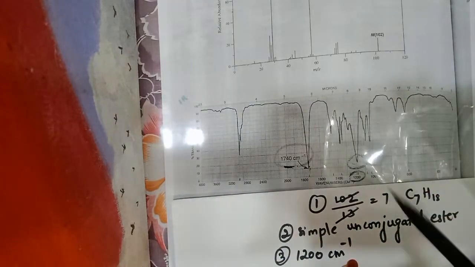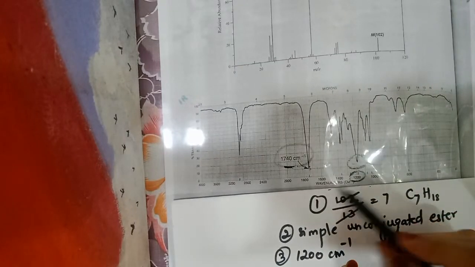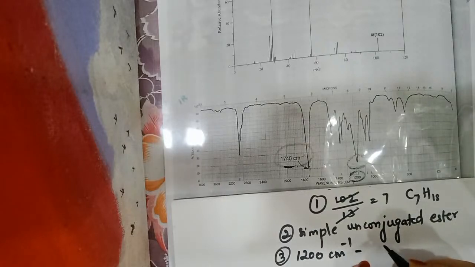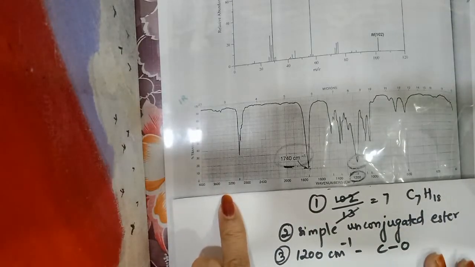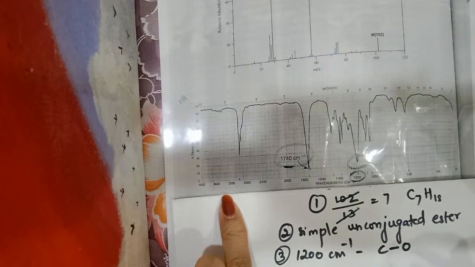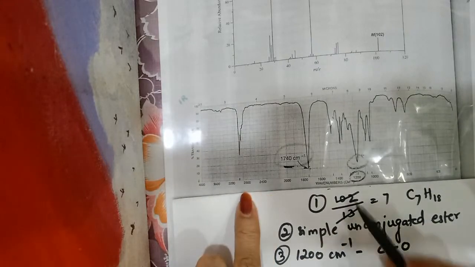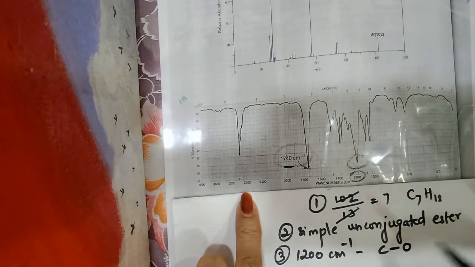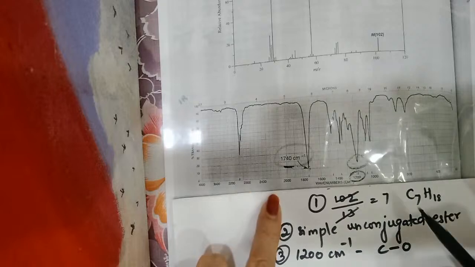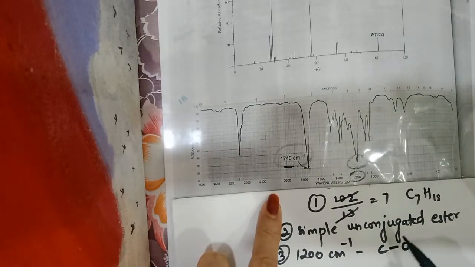So if we see a strong and a broad peak at 1200 centimeter inverse, it suggests that there may be a presence of CO bond. So now from these two graphs, we conclude that there is a presence of oxygen, presence of carbon and hydrogen.